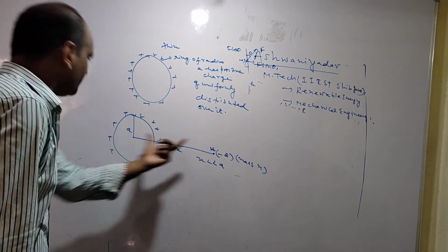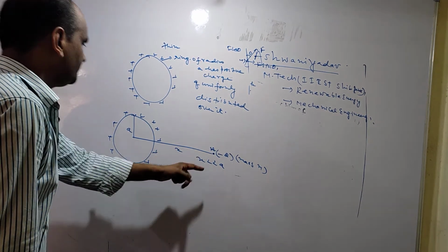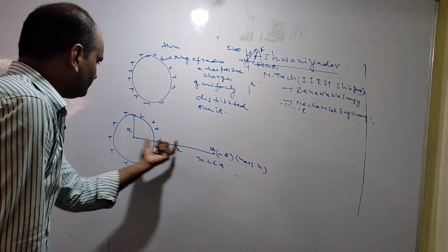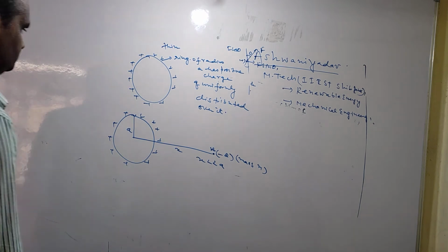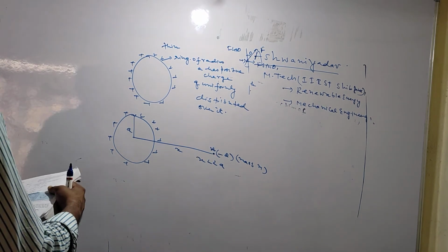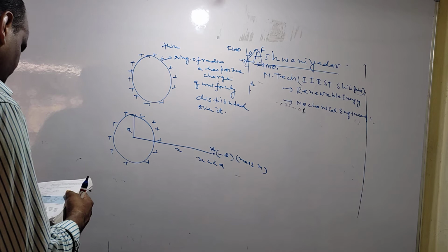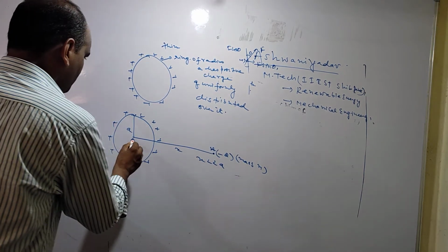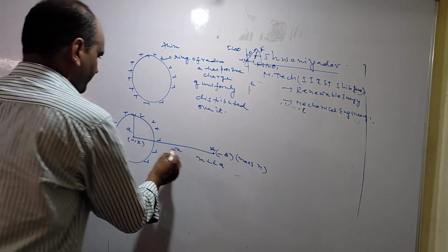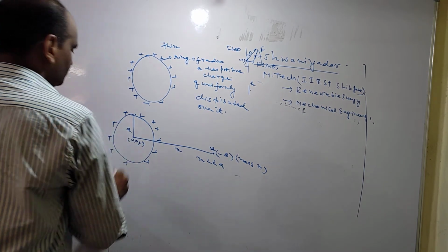Just for making a clear picture, I am drawing it larger, but in the real case this distance is very small compared to the radius. This x is the distance from the center.